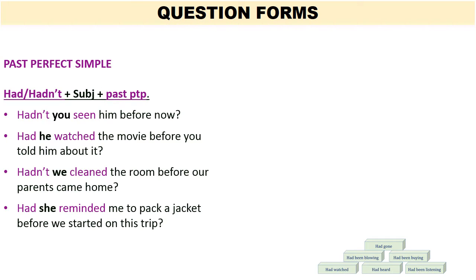Hadn't you seen him before now? Had he watched the movie before you told him about it? Hadn't we cleaned the room before our parents came home? Had she reminded me to pack a jacket before we started on this trip?